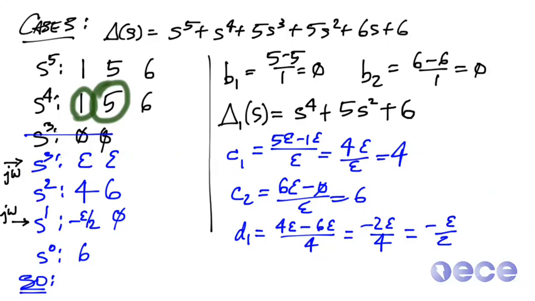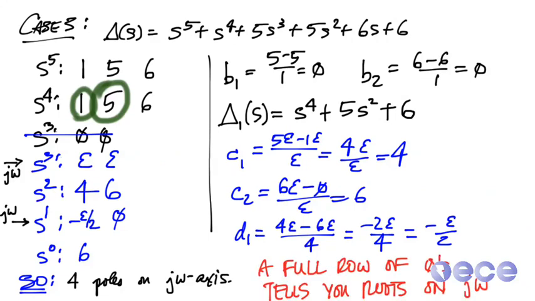Because we have s to the fourth, we know that there are 4 poles. But s to the first is also going to be 0 as epsilon approaches 0. So that tells us again that the s squared term is going to be one of the roots, or in this case 4s squared plus 6. So now 4 poles on the j omega axis is the result that we get from the Routh array.